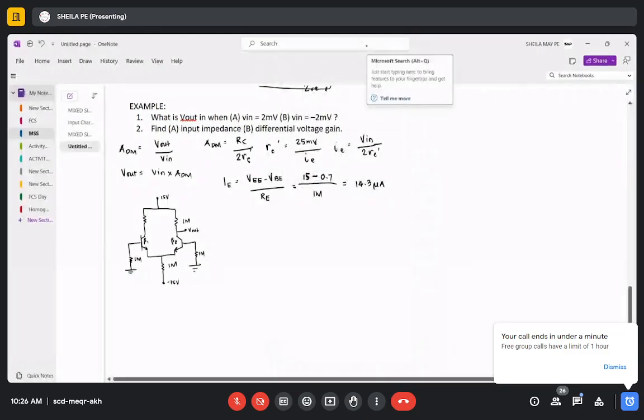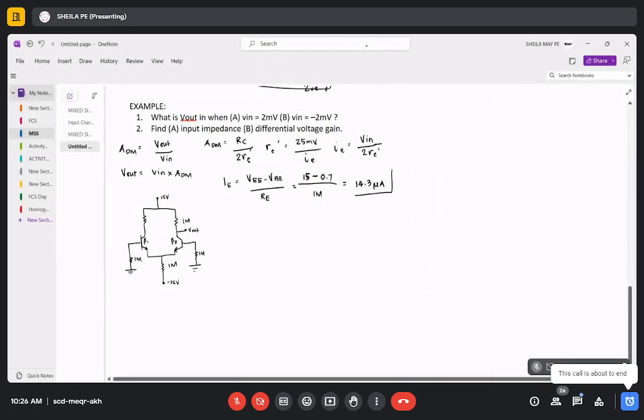14.3 micro. That's our IE. And then we need to have the IE nga ginagmay, IE divided by 2.